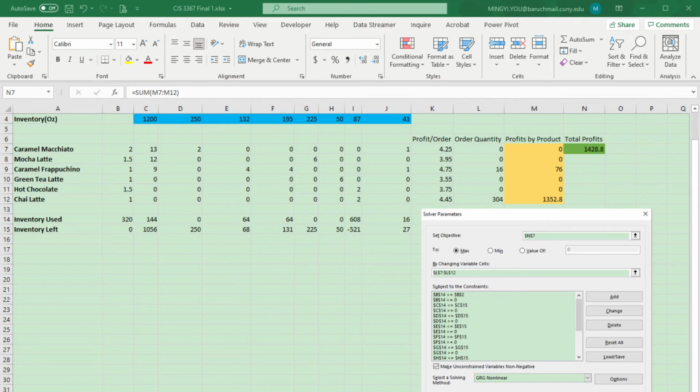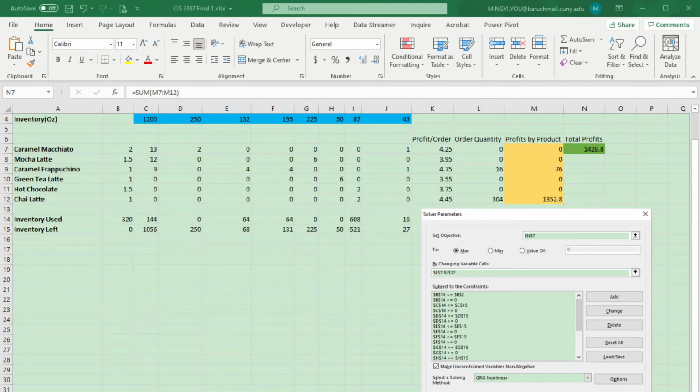And for the order quantity, I also place the constraint for greater than 0. And also this should be limited to integer.